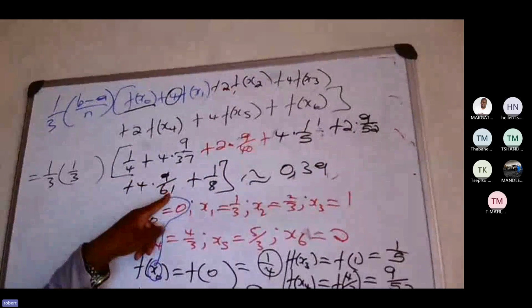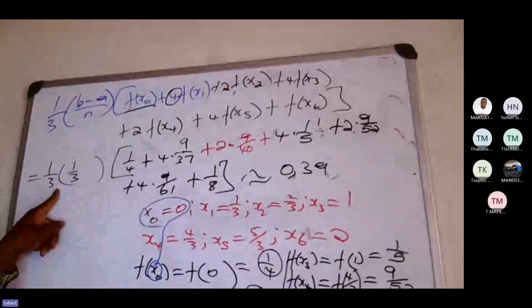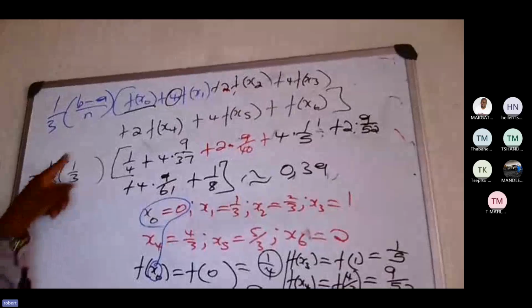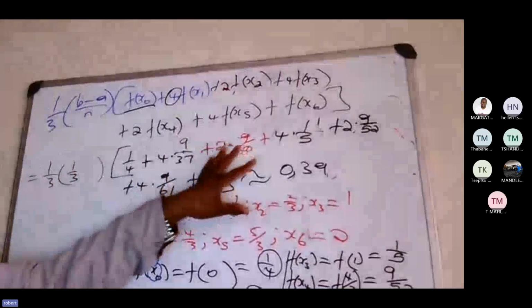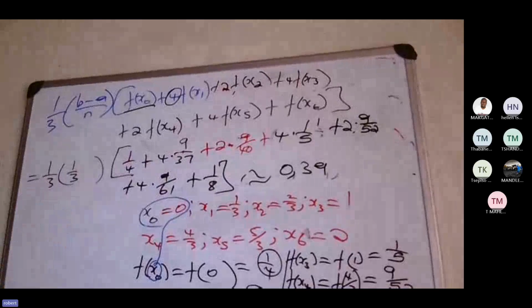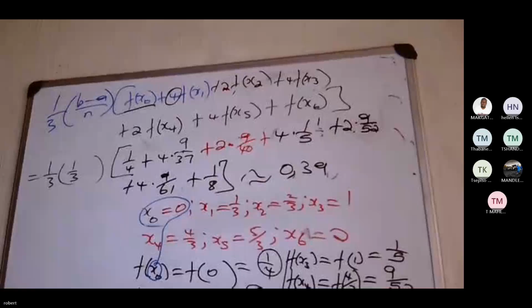This is 36 over 61. Then this is 1 over 8. But don't forget what? To multiply it by 1 over 9 now. Because it's 1 over 3 by 1 over 3. Then after you multiply it by 1 over 9, your answer must be very close to this one.